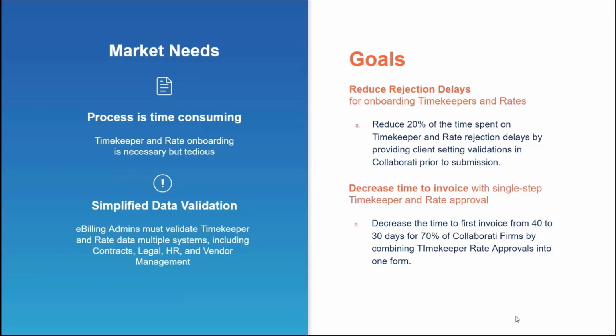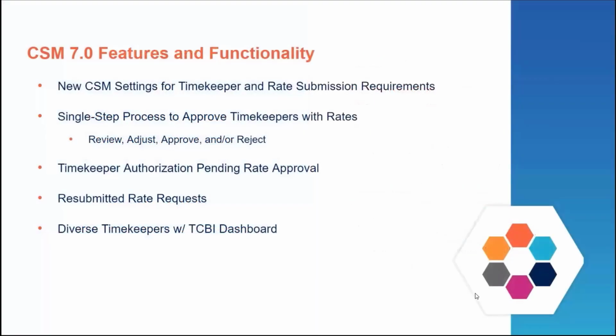And then decrease the time to get invoices. In other words, if you can onboard your timekeepers faster, that means you can start getting your invoices submitted more quickly. Okay, so this is a quick list of the features and functionality that we'll see on the next screen. There are some CSM settings that control rate submission being one step, then showing the single step process to approve the timekeepers along with the rates and the ability to adjust, approve, or reject.